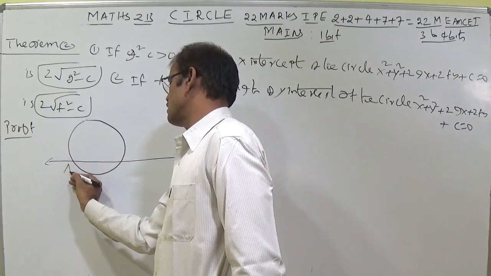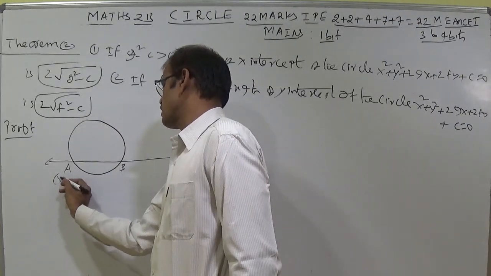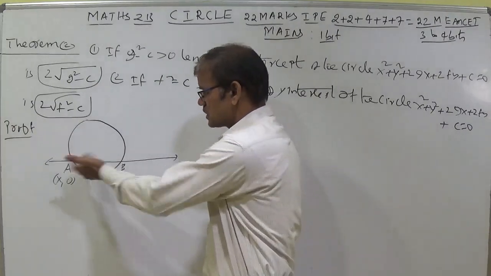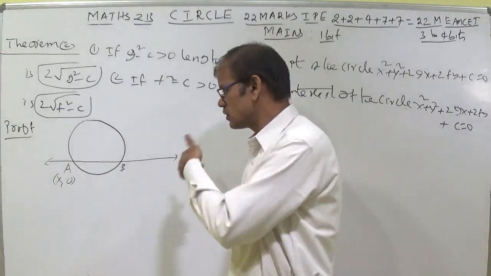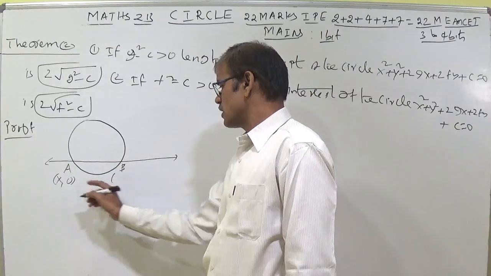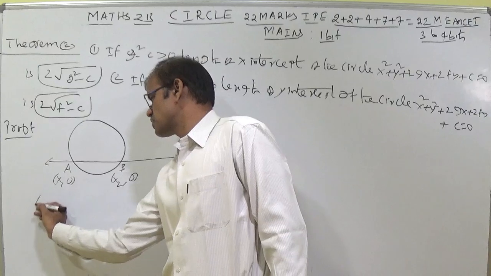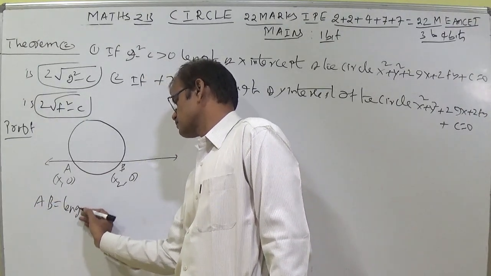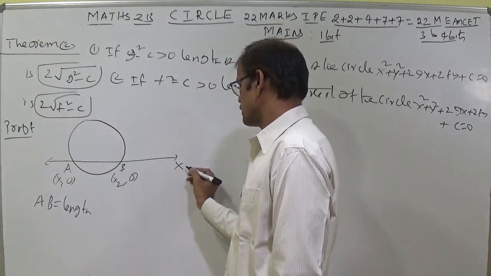Let it be letters A and B. A is x1 comma 0, because a line intersects the circle in two distinct points on the x-axis. We know that the equation of x-axis is y equal to 0. Then you can put here x1 comma 0 and x2 comma 0. So AB is equal to the length of x-intercept, because it is on the x-axis.